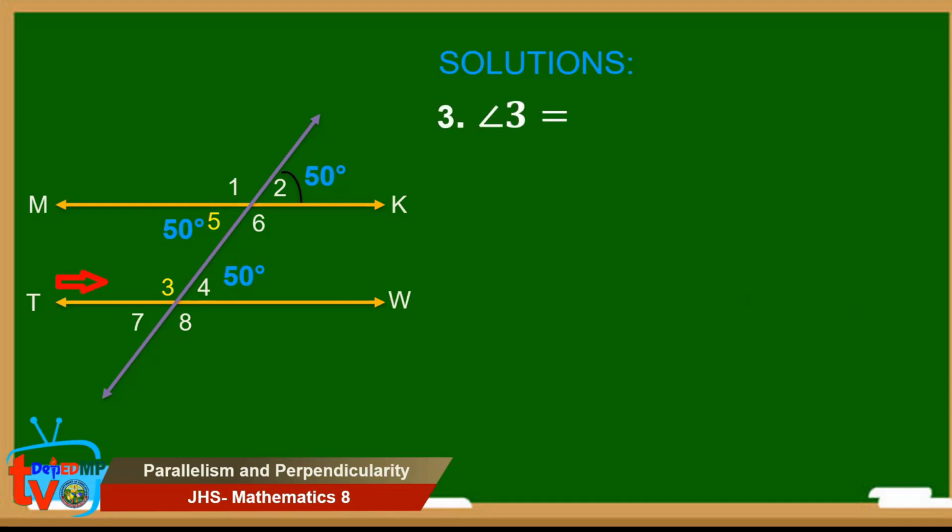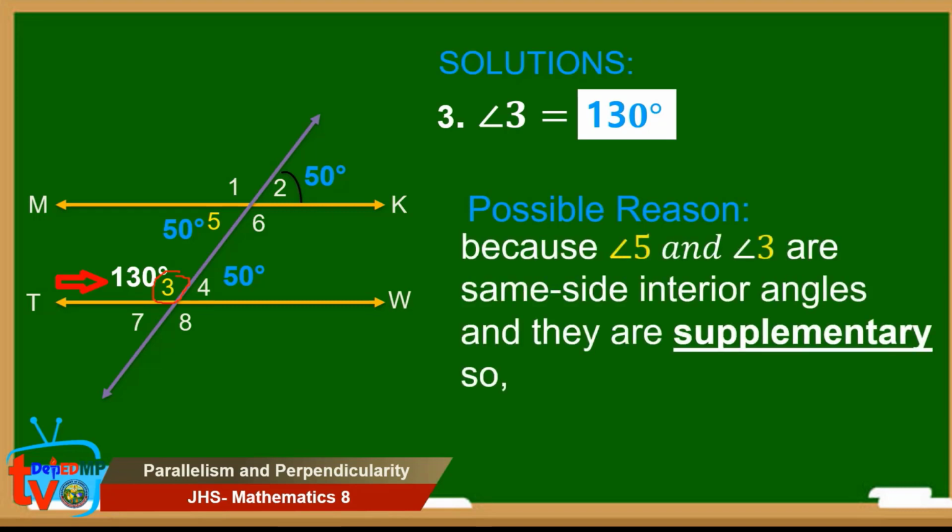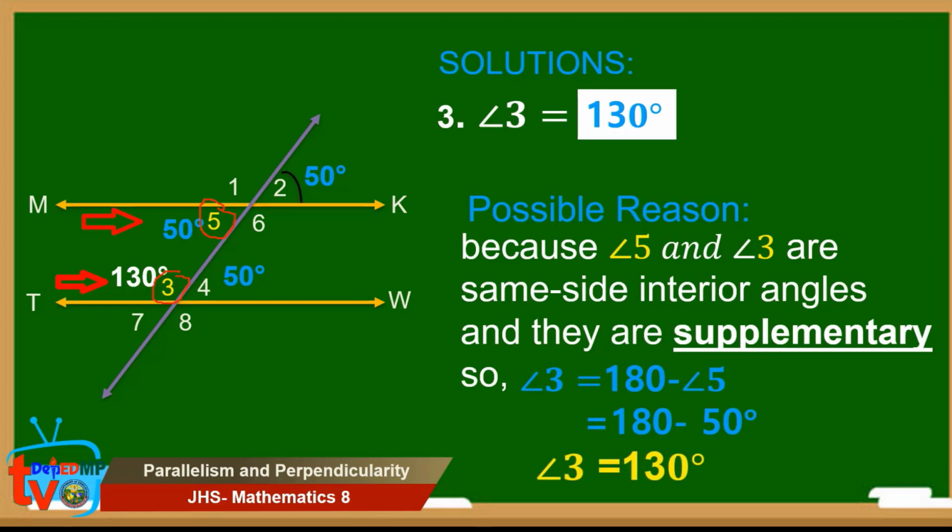It is equal to 130 degrees. Why? What's the reason? One possible reason could be because angle 5 and angle 3 are same side interior angles and they are supplementary. So 180 degrees minus 50 degrees is equal to 130 degrees.